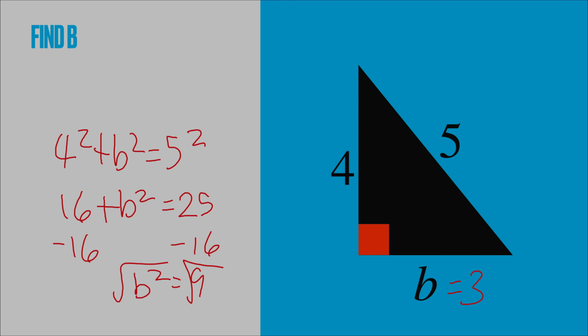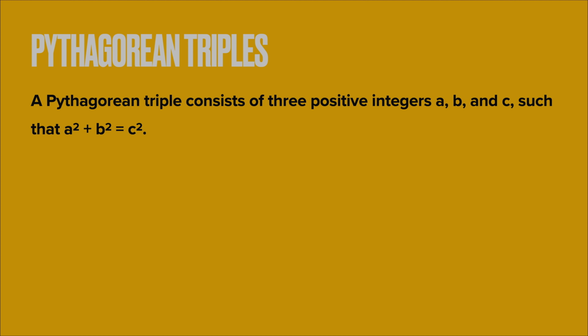Now, both of these have something in common. We had a 5, 12, 13, and now we have what's called a 3, 4, 5. And both of these are Pythagorean triples. Ooh, this might be close to new. I hope it's not. Okay, so a Pythagorean triple consists of 3 positive integers, a, b, and c, such that a squared plus b squared equals c squared.